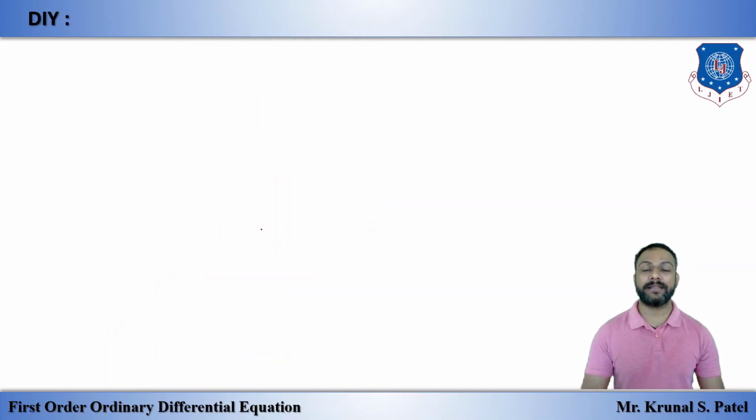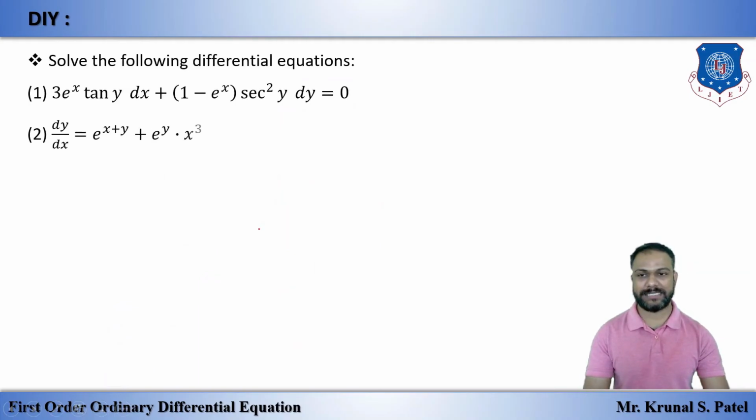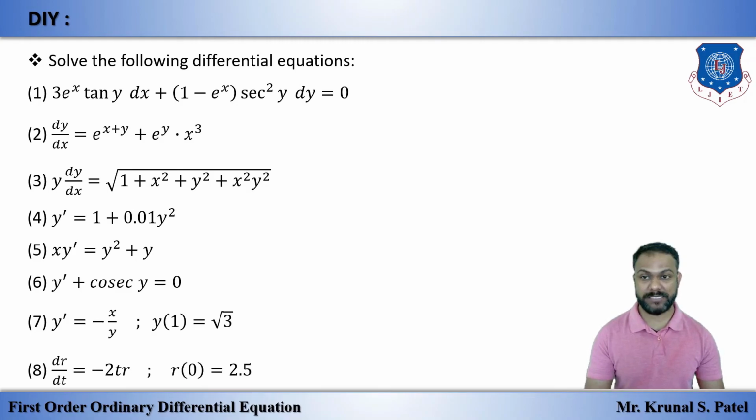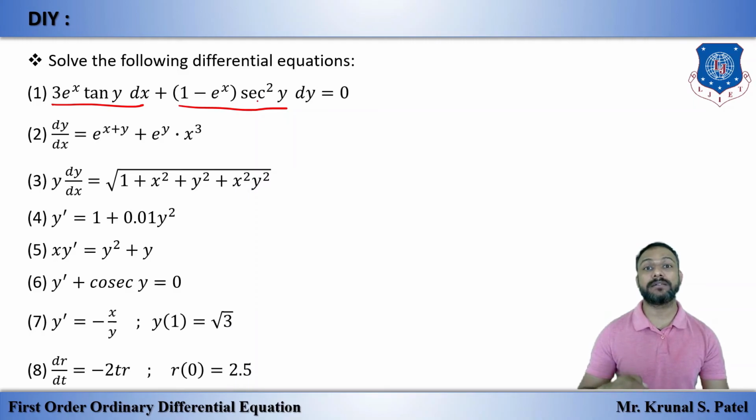Based on this, these are the examples that you have to solve by this method only, variable separable. So you have to think whether the given differential equation is variable separable, that means you can separate the variables, then you solve by this method.